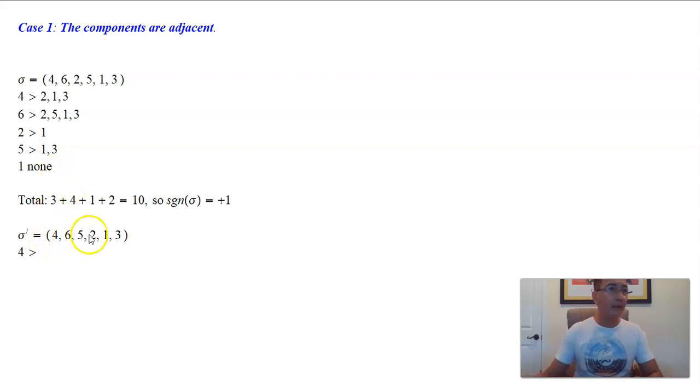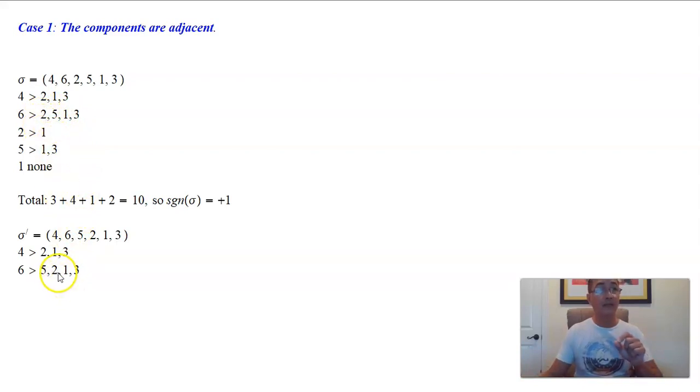4 is bigger than 2, 1, and 3. Okay, those are exactly the same inversions that we had in sigma. Okay, so why is that? Well, 2 is still to the right of 4. It switched over one step to the right. It's still to the right. How about 6? 6 is bigger than 5, 2, 1, and 3.